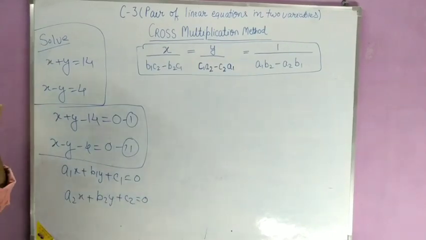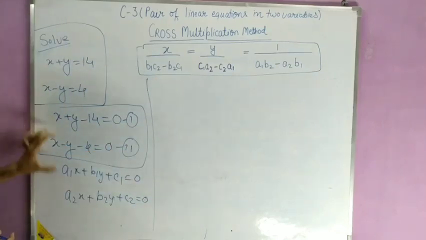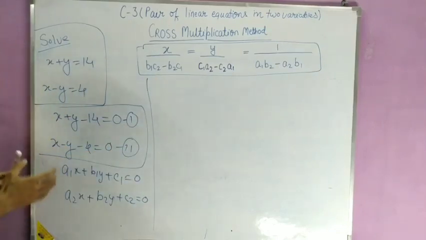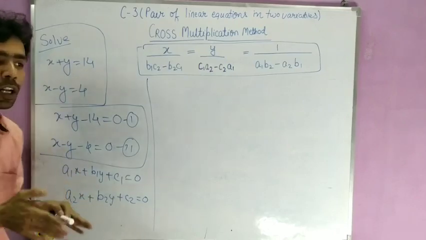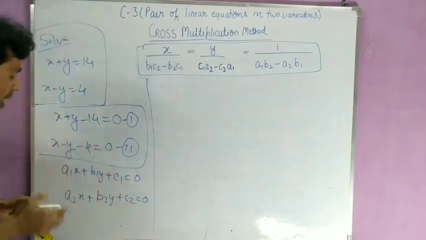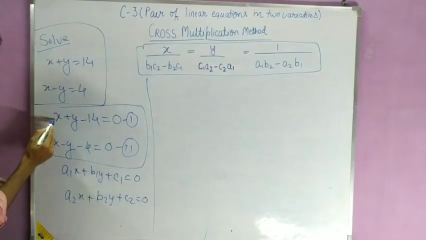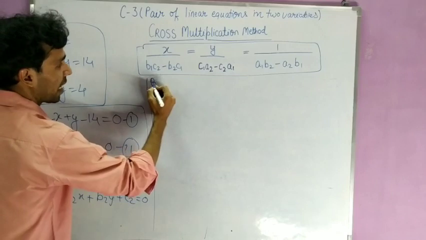Okay, now see, when you will compare these two equations with the general form, by that comparison you can find out the value of a1 a2, b1 b2 and c1 c2. So suppose you are comparing this equation with this and this equation with this.